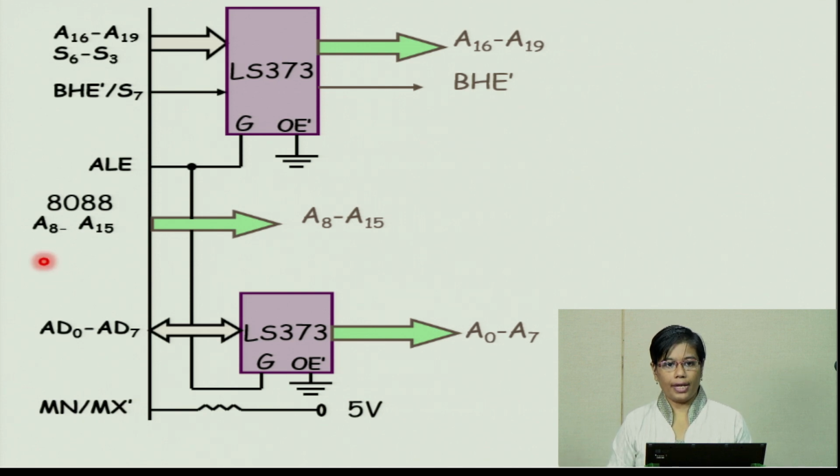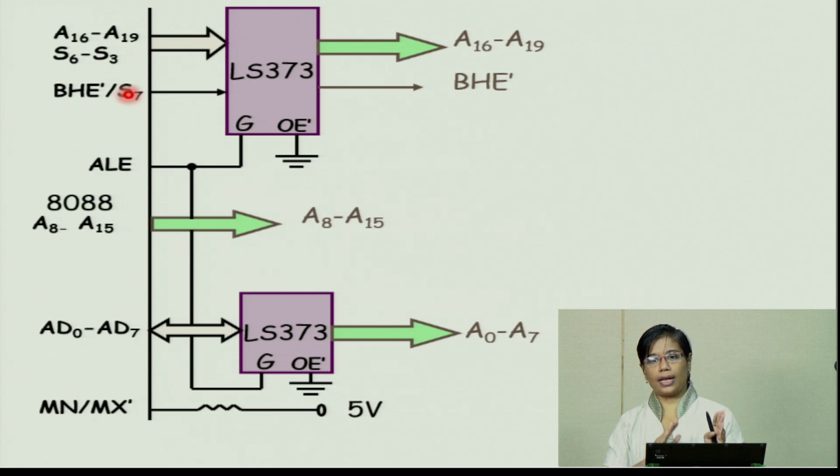So in case of 8088, we would be having the address lines A0 to A19, which are going to be available through the latches. Now you have to remember that in 8088 it has only an 8-bit data bus, so we are going to have a latch for AD0 to AD7, and we would have a latch for the address lines which are multiplexed with the status signals. So we are going to have A0 to A19, that is the address bus.